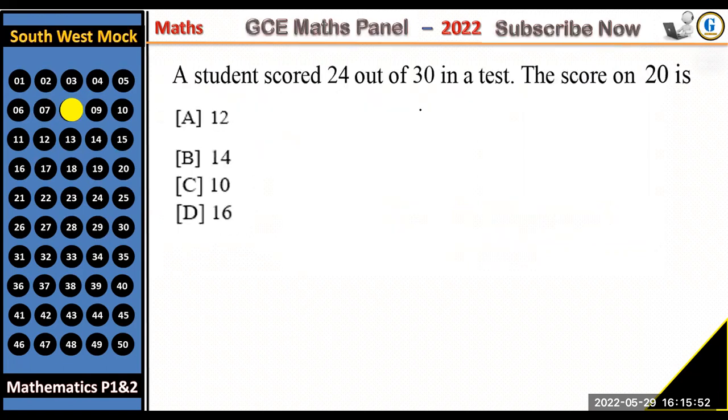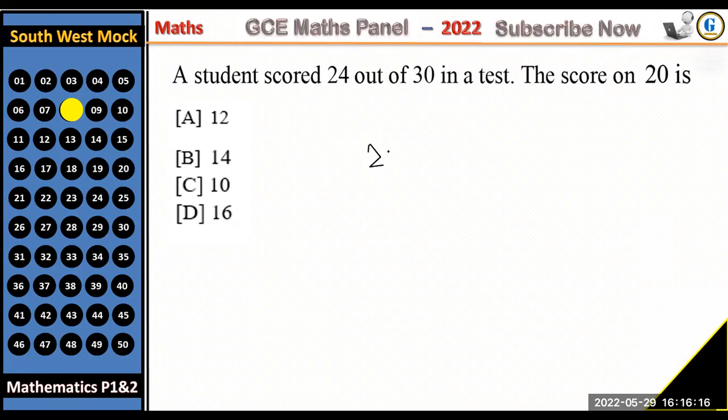Question 8. A student scored 24 out of 30 in a test. For us to get the score on 20, let's see what they have done with this score. So this student actually scored 24 out of 30. So we can convert this score using simple proportion.